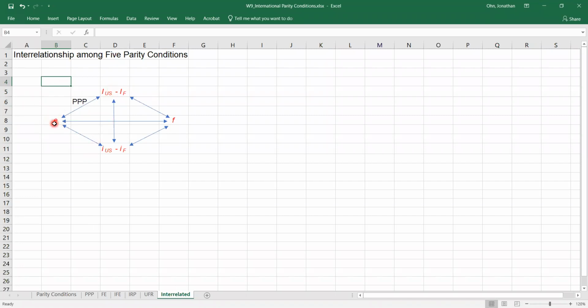Okay, percentage change in exchange rate and relative interest rate, that was the international Fisher effect, right? And which one connects relative inflation and relative interest rate? Anybody?